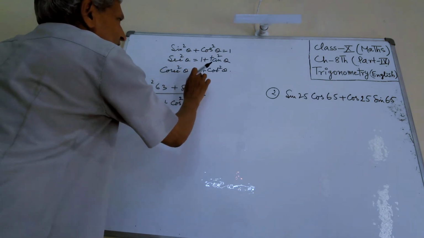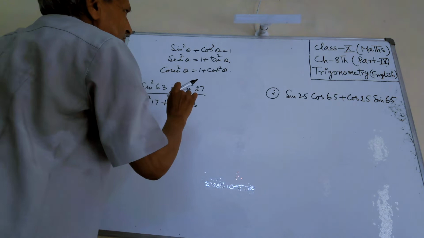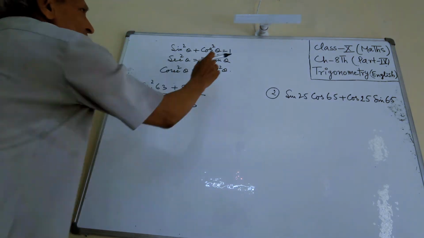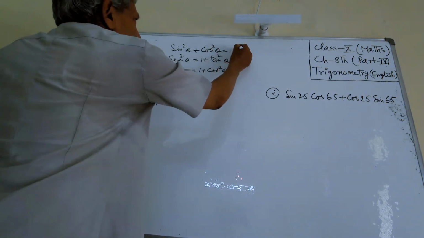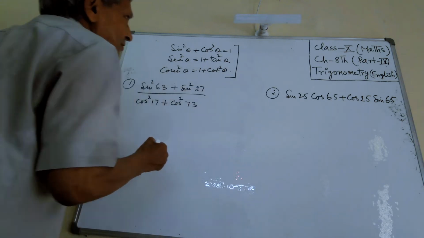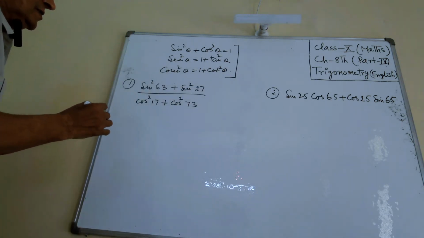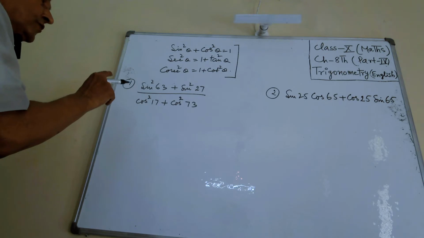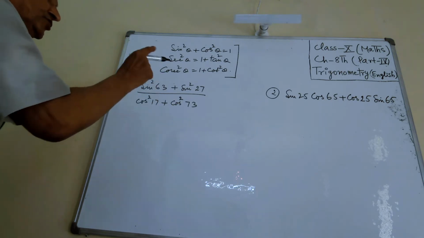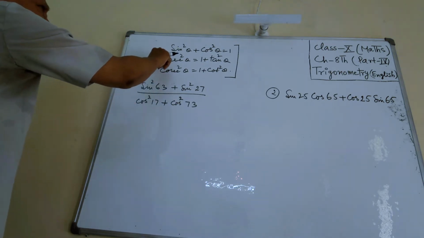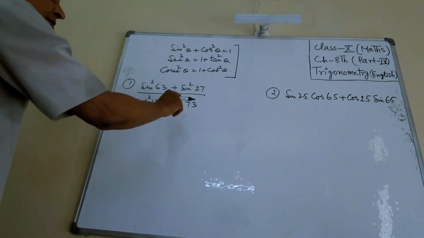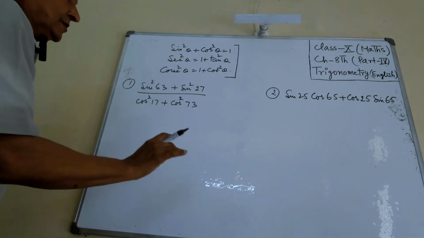Cosec square theta is equal to 1 plus cot square theta. My dear students, these identities are important, and now we are going to take questions, and you will see all these three identities will be applied in all the questions.